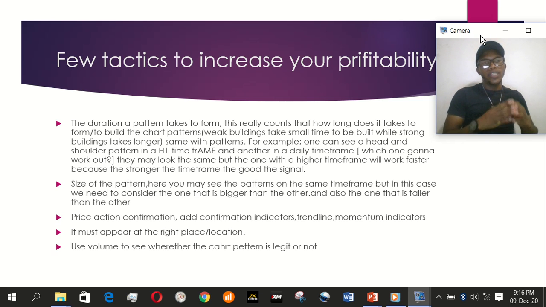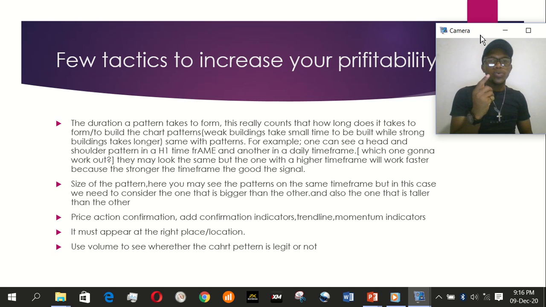So make sure that if you identify a certain pattern, you are at the right location or at a very good place. Use volume to see whether the chart pattern is legit or not. Sometimes people simply place trades because they've seen only one confirmation. That is very risky.